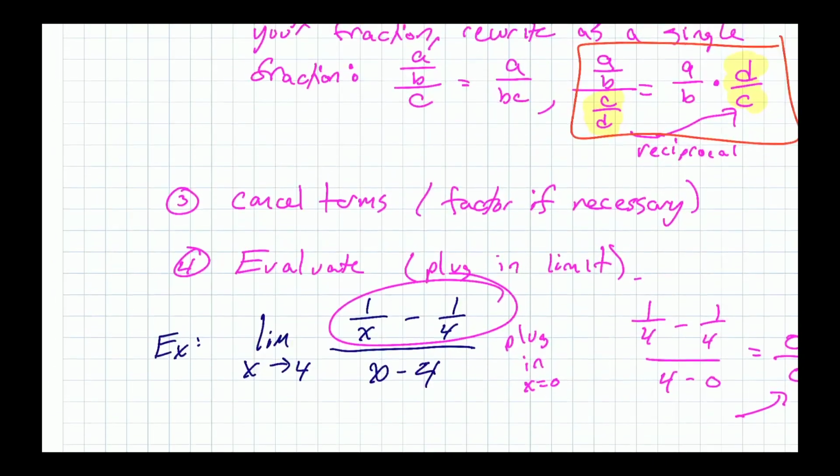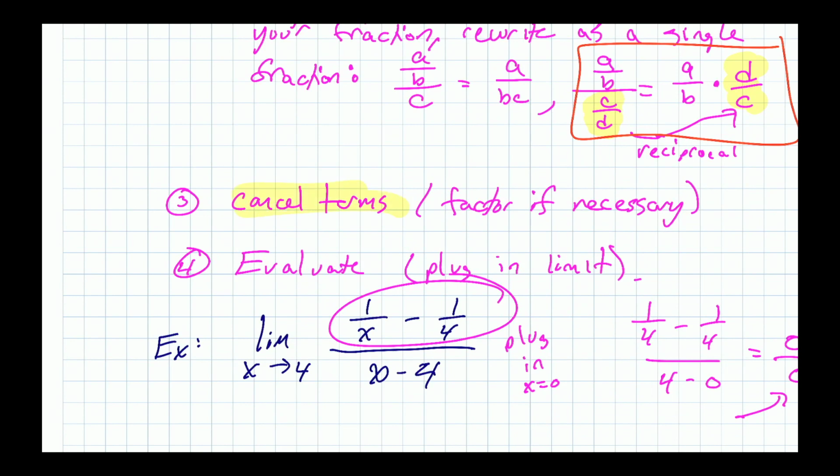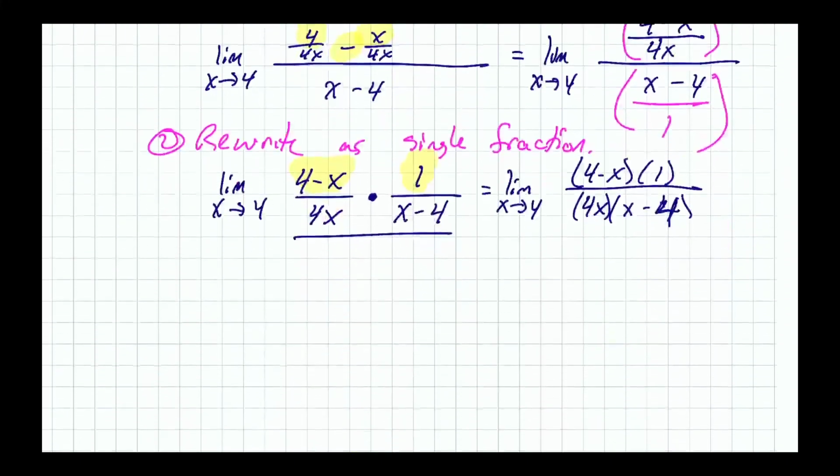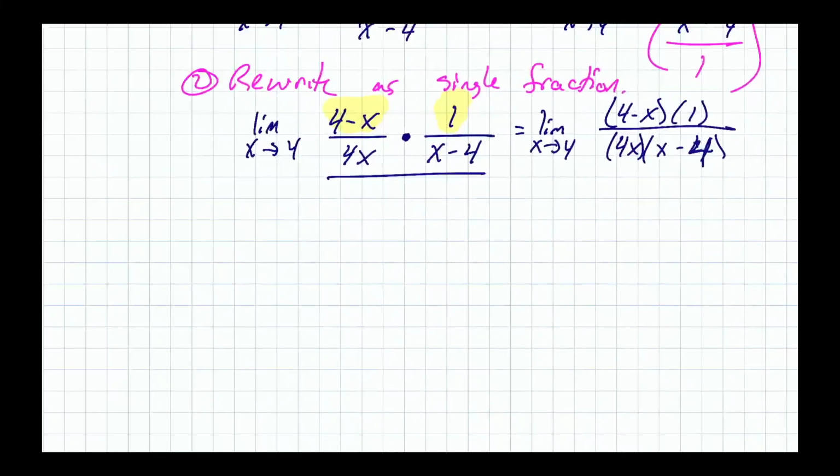Now my next step is cancel terms, factor if necessary. So this one has a very small amount of factoring to do, but it does have something that we need to do. Cancel terms. So let me just rewrite it.